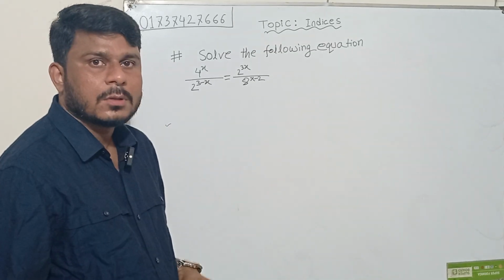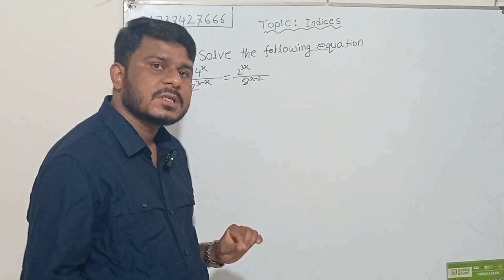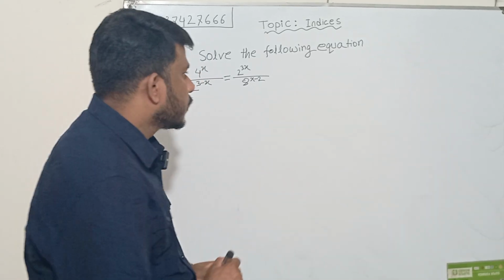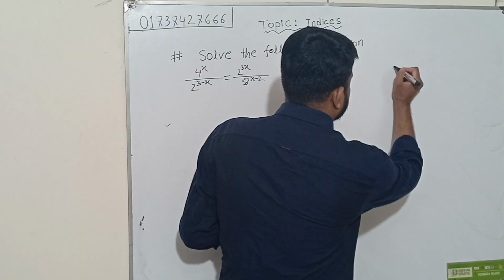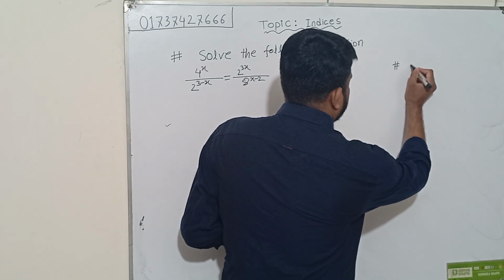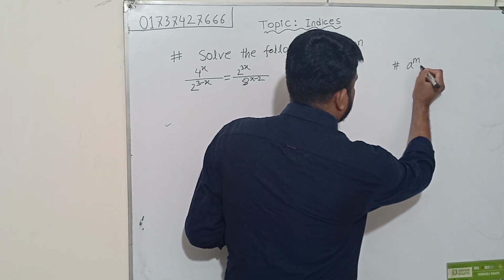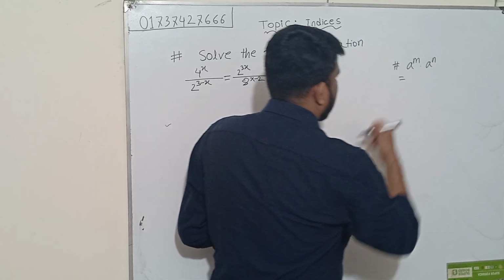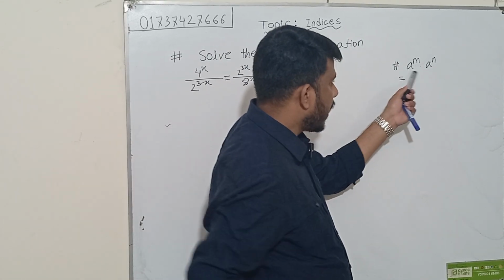Before solving this, we need to know the indices formulas. One formula is a to the power m into a to the power n. Here this is a and this is a.